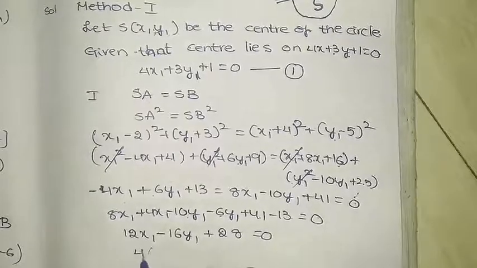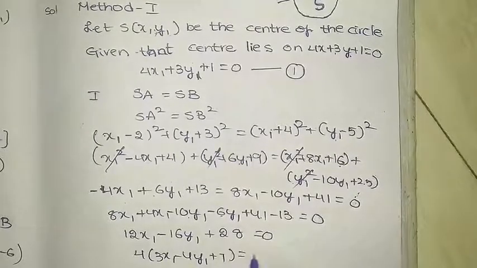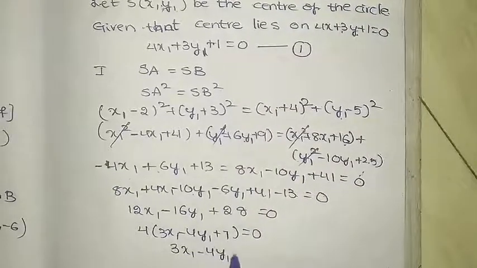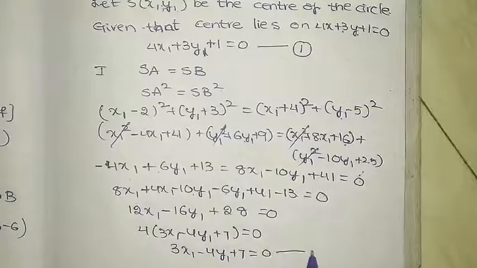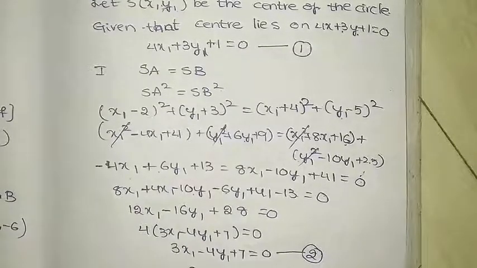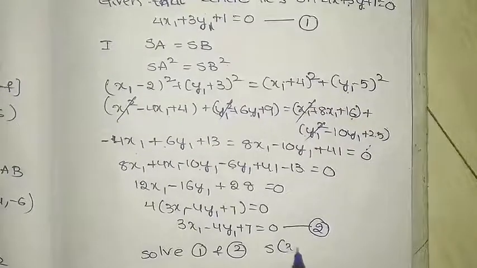Taking 4 common, 3x1 minus 4y1 plus 7 is equal to 0. So 3x1 minus 4y1 plus 7 equals 0 is equation number 2. Solve 1 and 2, so we get x1, y1.